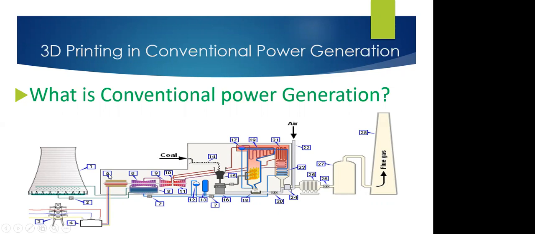Fifth is the electrical generator. Six, low pressure steam turbines. Seventh, feed water pumps. Eight is the surface condenser. And nine is the intermediate pressure steam turbine.